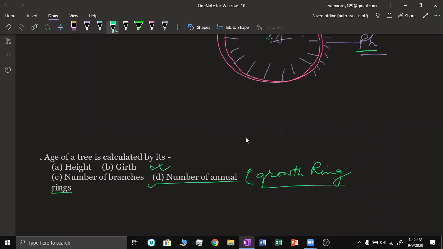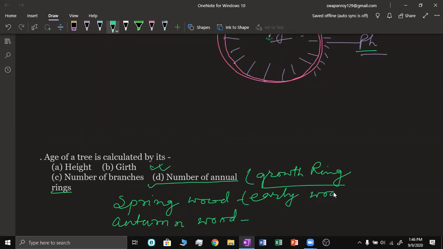During secondary growth, there is formation of what we call springwood and autumn wood. Springwood is also known as early wood, and this autumn wood is late wood.